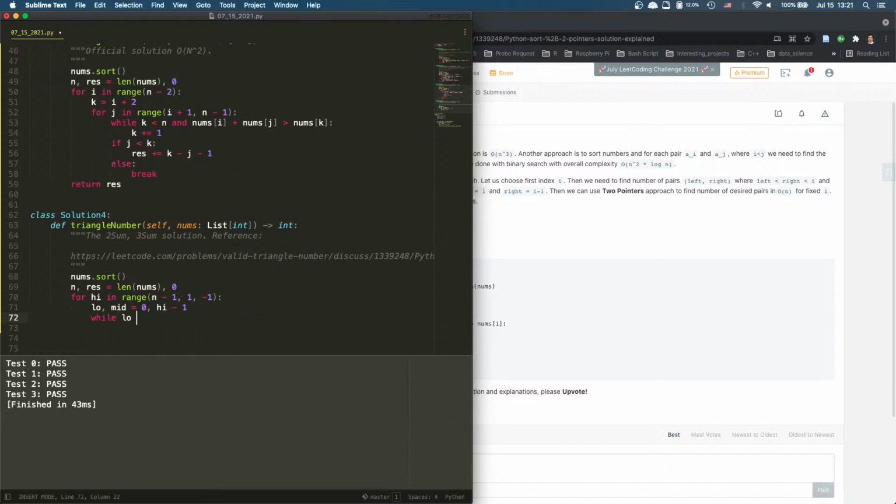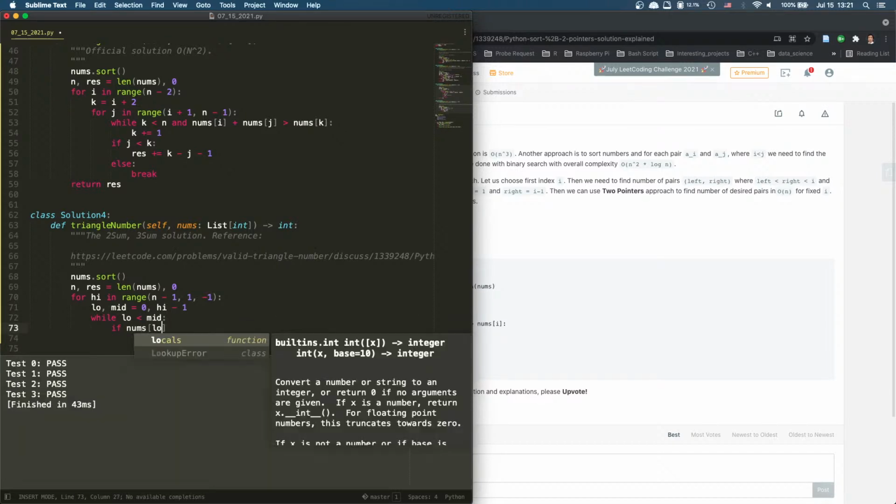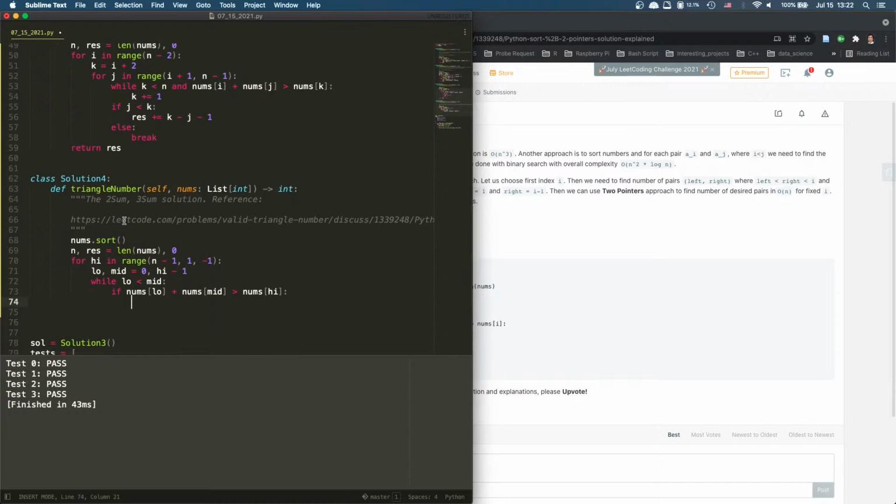And we say while low is smaller than mid, if nums[low] plus nums[mid] is larger than nums[high], so we're good. If we're good, then everything in between is good, right? Because low and mid is good, and low is the smallest. So everything in between plus the mid will be larger than high. So we say res plus equal to mid minus low.